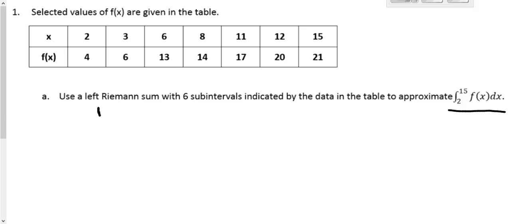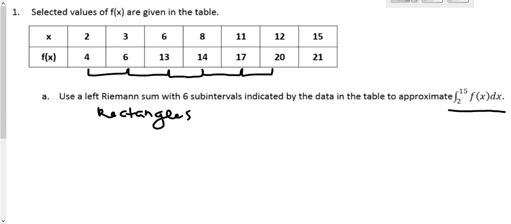Left Riemann sum means we are using rectangles. So we need 6. If we make 6 rectangles, here's 1, 2, 3, 4, 5, 6 rectangles.